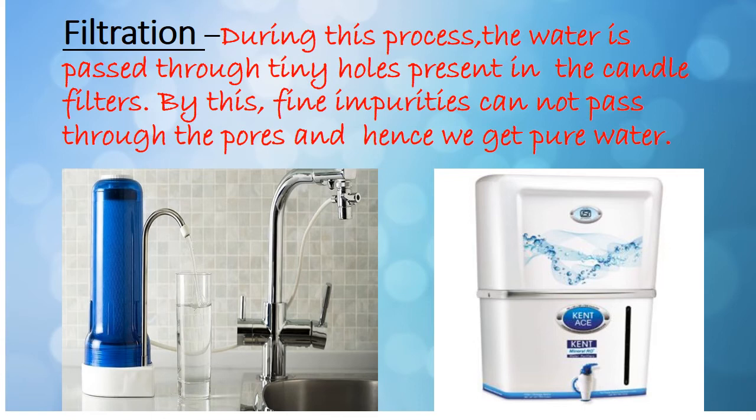A candle filter has so many pores in it. So fine impurities cannot pass through the pores and hence we get pure water. If we pass water through these tiny holes, on one side we will have fine impurities and on the other side we will have clean water. So this is also a method of getting clear water when insoluble impurities are there.